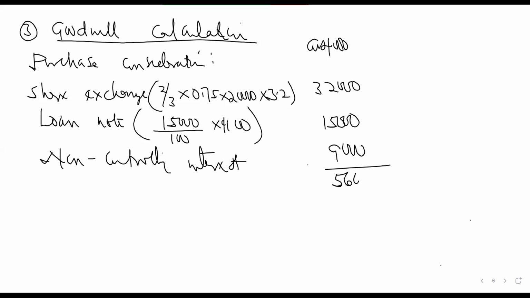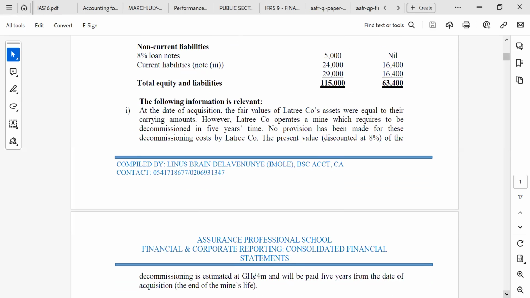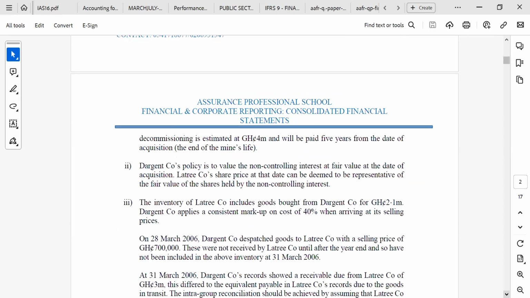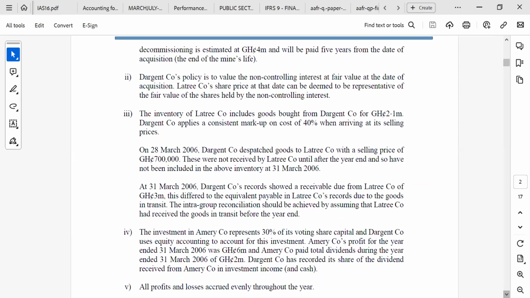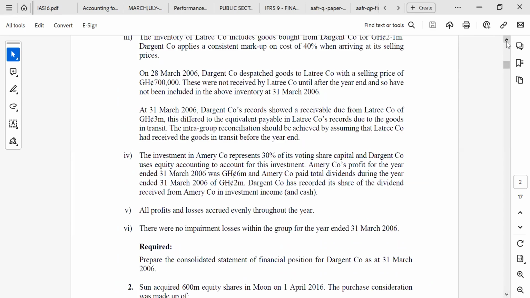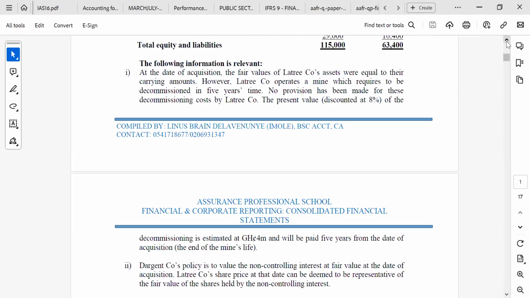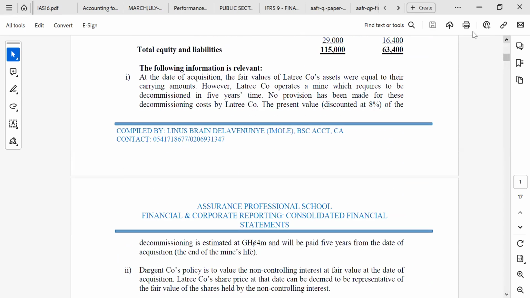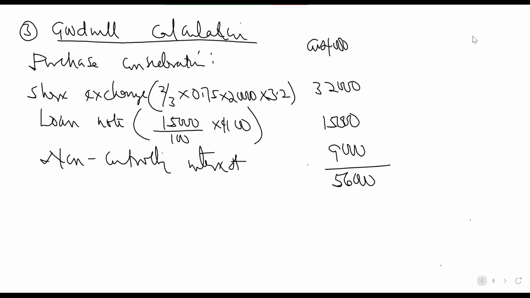Okay, so you can scan through to see whether you are going to be getting any other net asset adjustment. But I don't think there will be an issue affecting the net asset again. So you can quickly pick your net asset because there's not going to be any adjustment to net asset at acquisition.